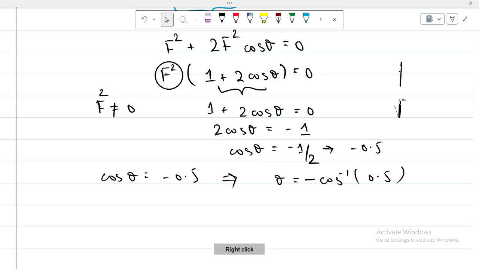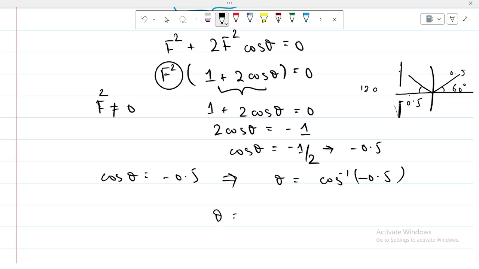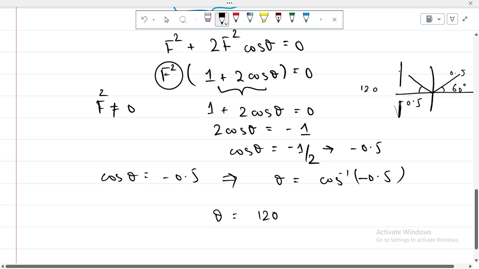Normally, you see that, negative here, my bad. So at 60 degrees, cos is 0.5, but we are looking for negative 0.5, which exists on the other side. And this angle is not 60, it is actually twice that, which is 120 degrees. So the answer is theta equals 120 degrees.